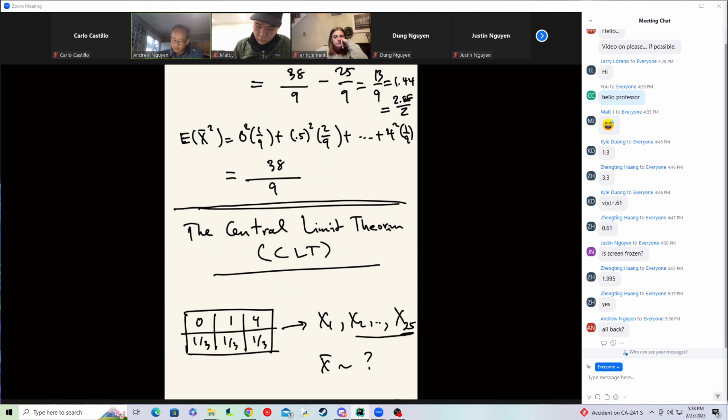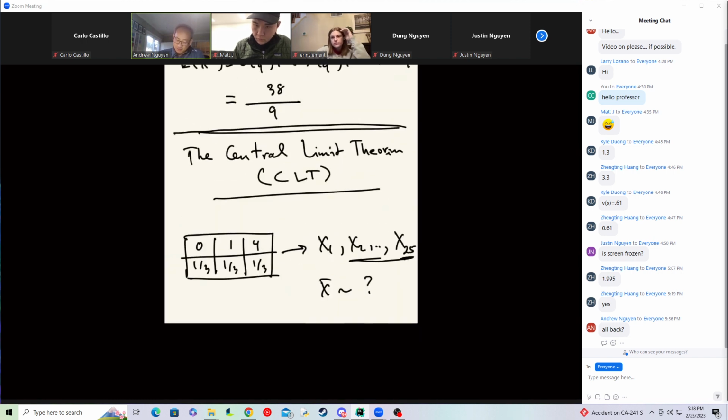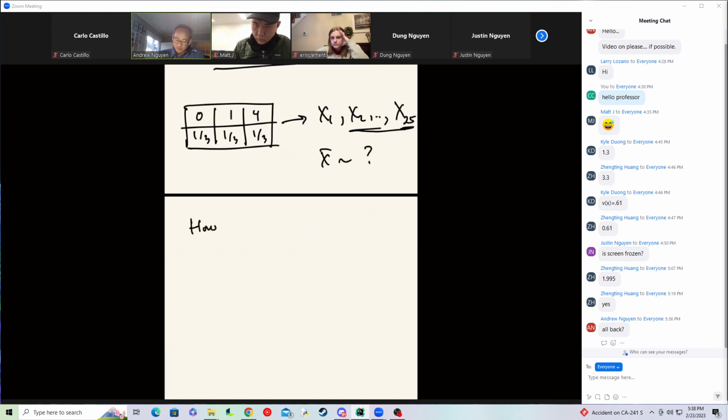When the sample size is that large, I cannot sit there and list all the possible samples anymore. How many possible samples are there? It's 3 times 3 times 3, 25 times. So that's 3 to the 25th power.